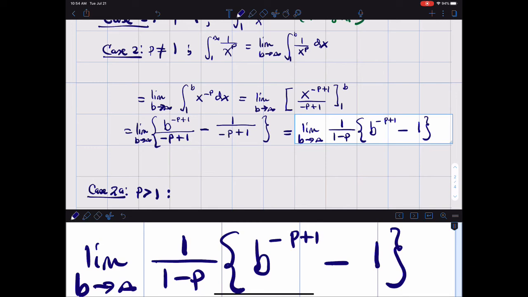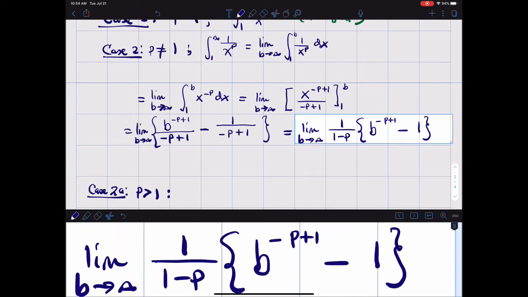The exponent of b is going to be negative. And if it's negative, it doesn't matter how large b becomes. In fact, if b becomes really large and you're raising something really large to a negative power, the value goes to 0, right?